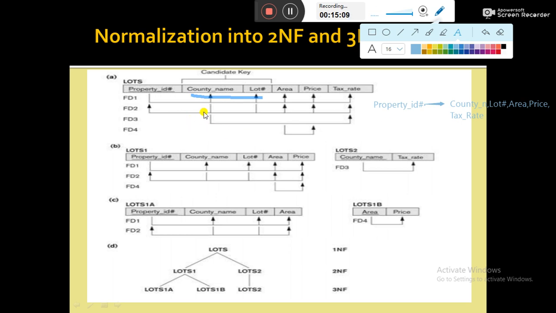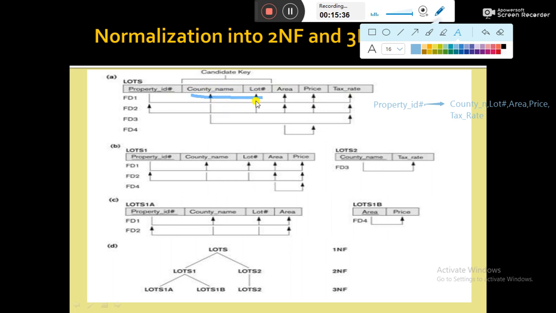Second FD, we can similarly write the second FD, and the second FD says that property ID, area, price, tax rate, they have arrows towards them. So property ID, area, price, tax rate are all dependent on county name, lot number.